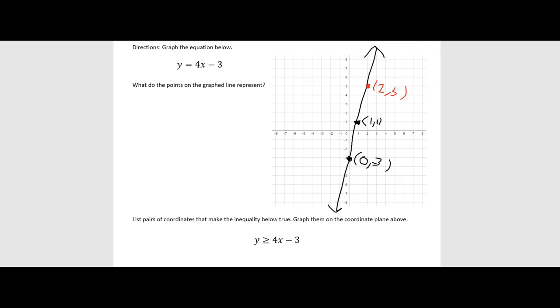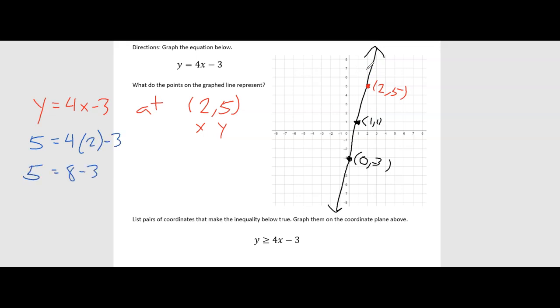Let's just take the point 2, 5. So if I have the original equation, y equals 4x minus 3, and I look at the point 2, 5, well, 2 is my x value, 5 is my y value, so we can substitute both of those in. I get 5 is equal to 4 times 2 minus 3, so 5 is equal to 8 minus 3, and 5 is equal to 5.